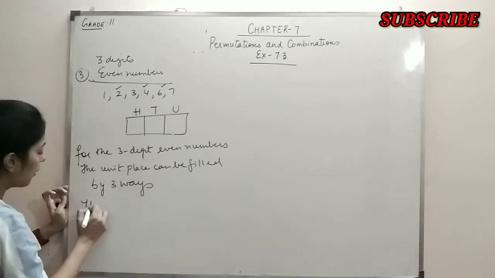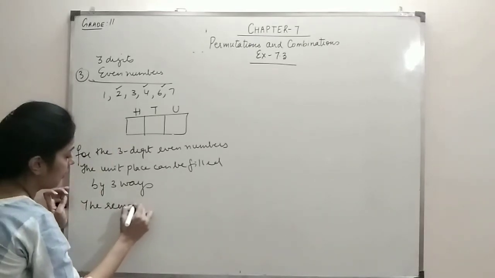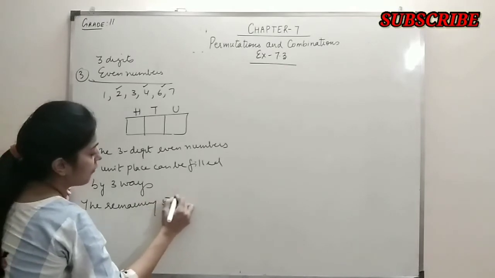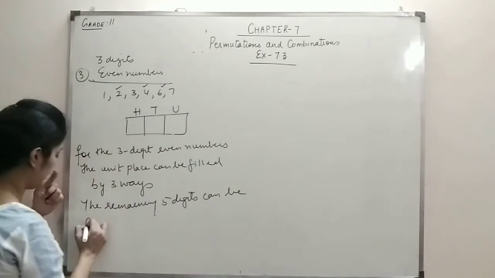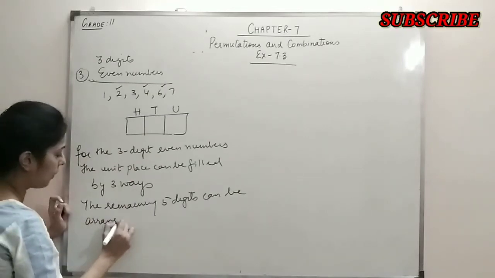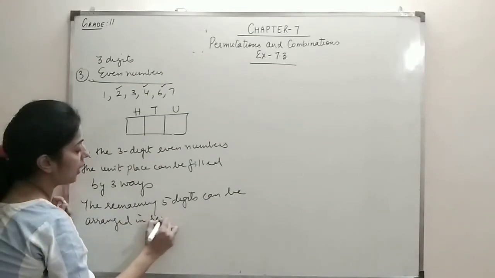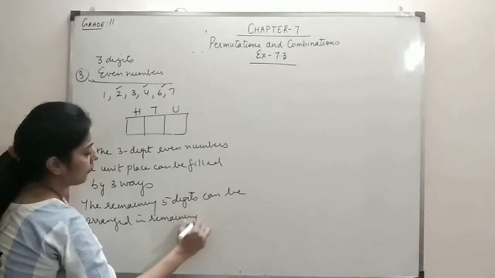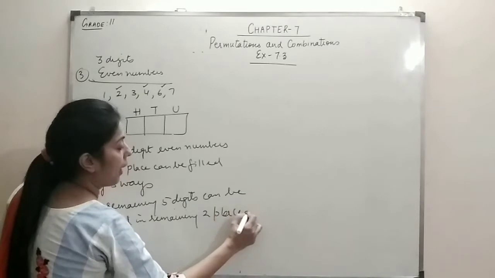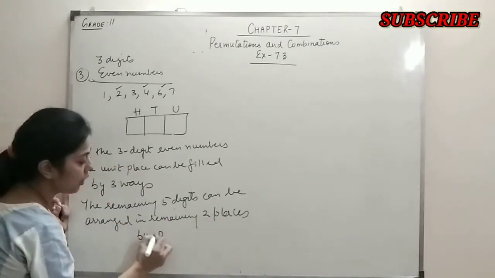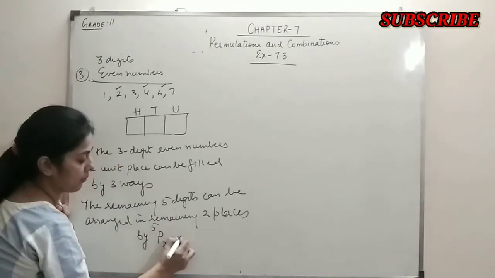The remaining 5 digits can be arranged in the remaining 2 places by how many ways? By permutation 5 2 ways.